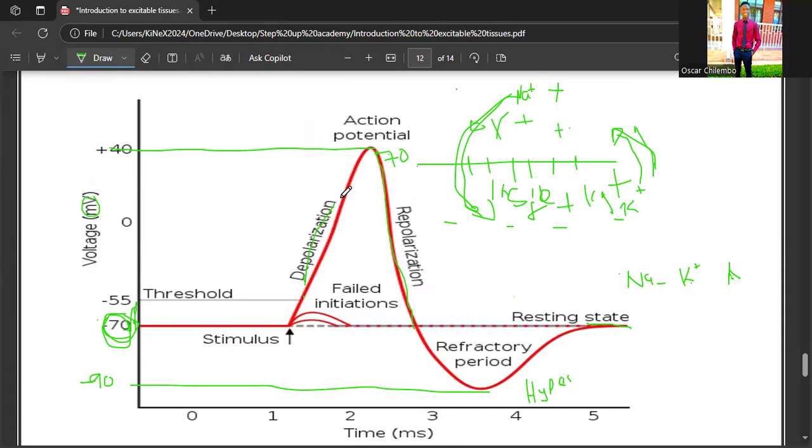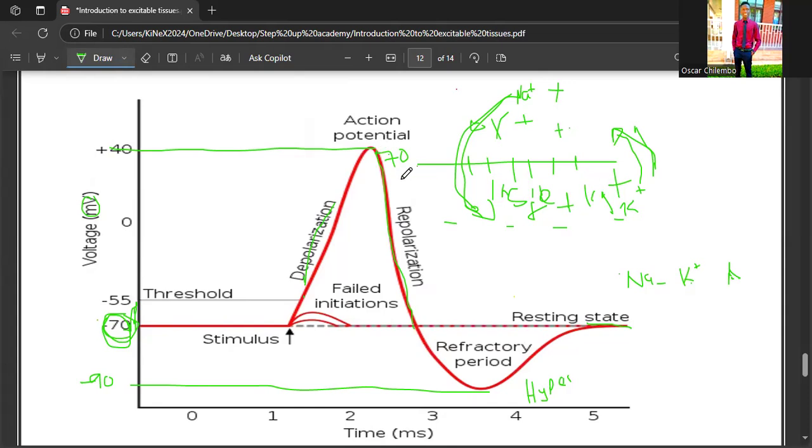Now, once the depolarization phase has been reached, and the membrane potential has reached positive 40, the sodium voltage gated channels need to close at this point physiologically so that the process does not prolong. Once the sodium voltage gated channels close, the potassium voltage gated channels open at this point to allow potassium to leave the cell so that it can become more negative.